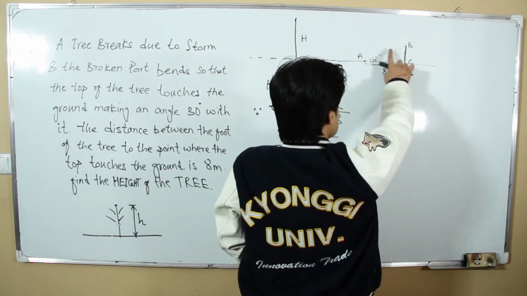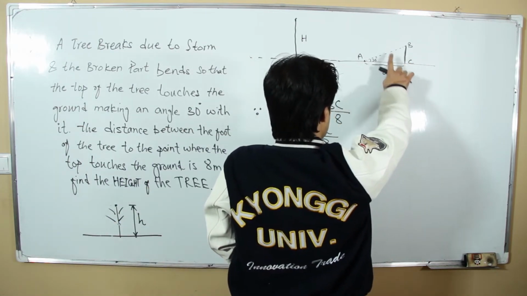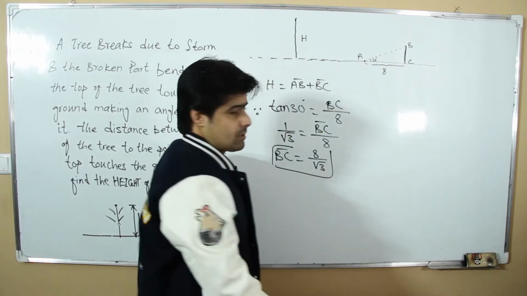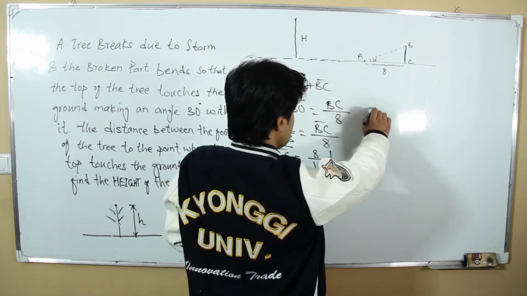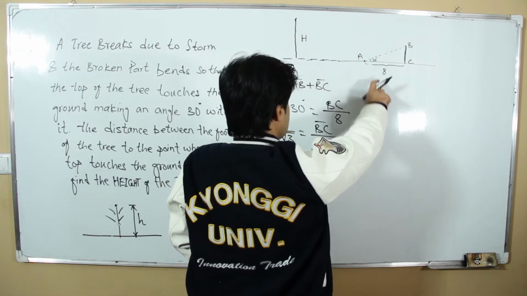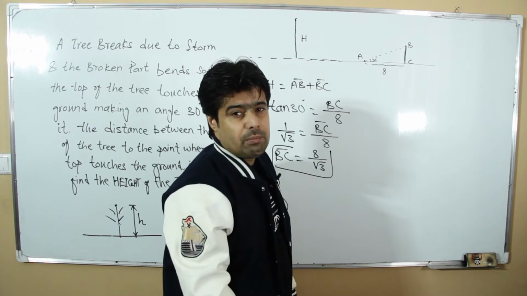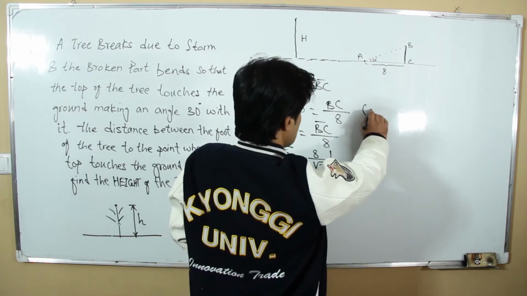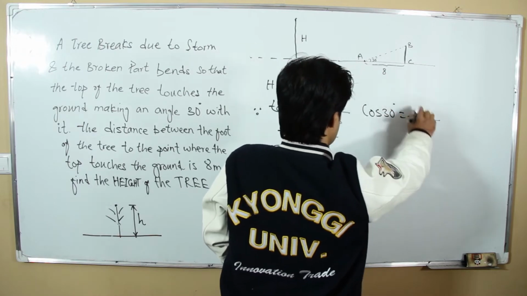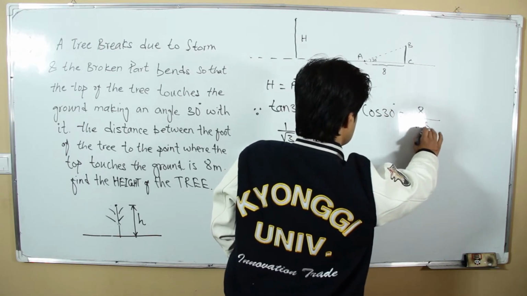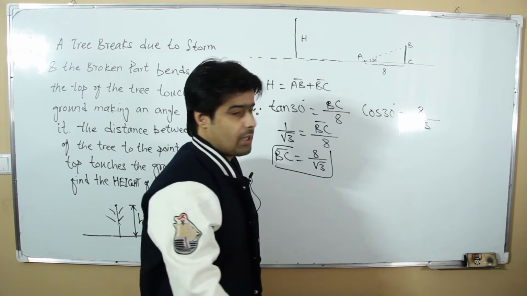If you want to use opposite divided by hypotenuse, or adjacent by hypotenuse, doesn't matter. Let me define adjacent divided by hypotenuse. Adjacent divided by hypotenuse is cosine. Cosine of 30 is 8 divided by AB. From here you have to find AB.